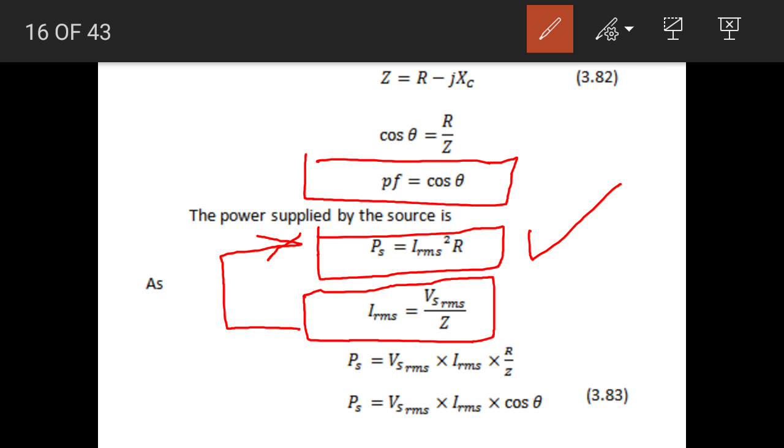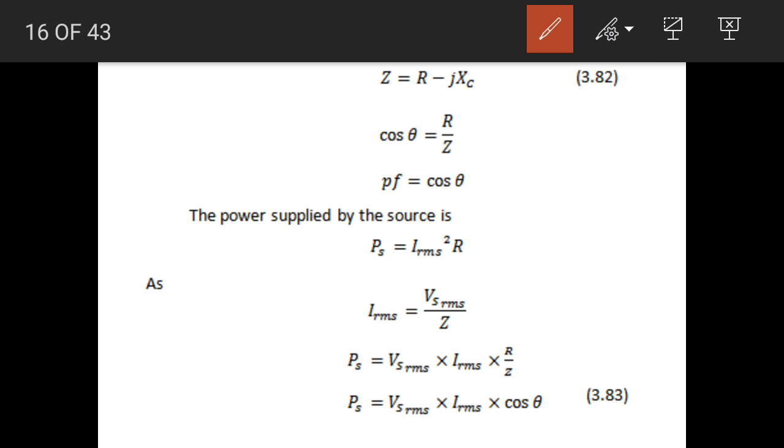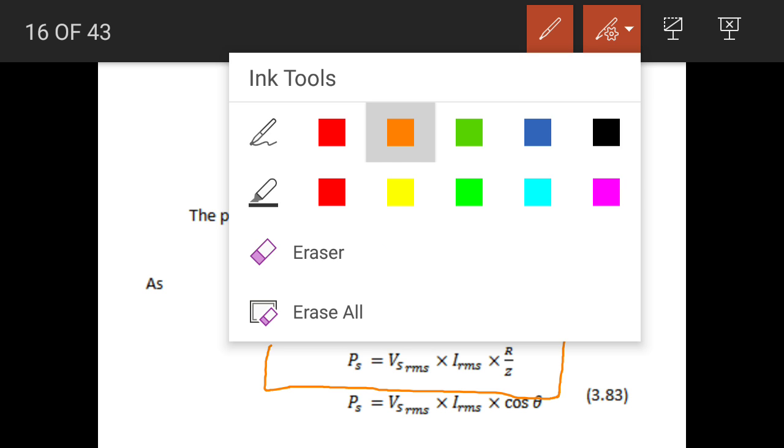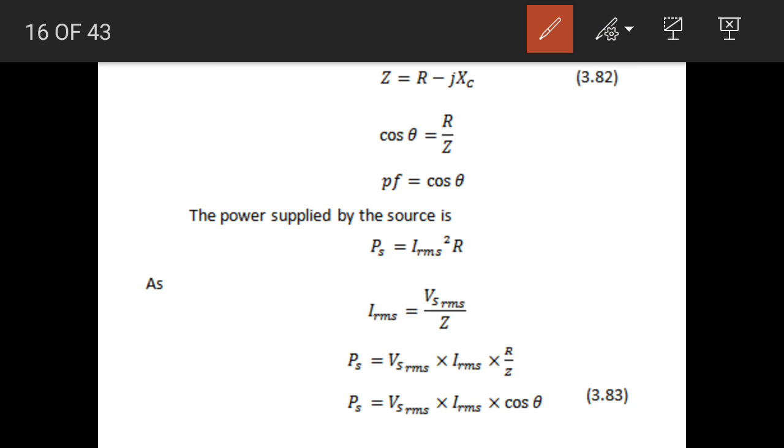So the power supplied by the source will be equal to Vs RMS times Is RMS times the power factor of this series circuit. So we can calculate the power supplied by the voltage source with the help of this particular equation.